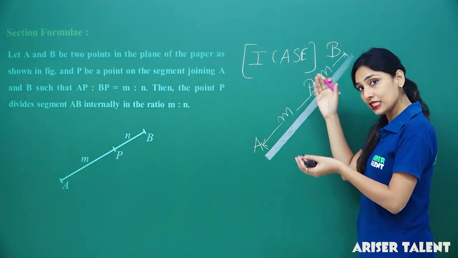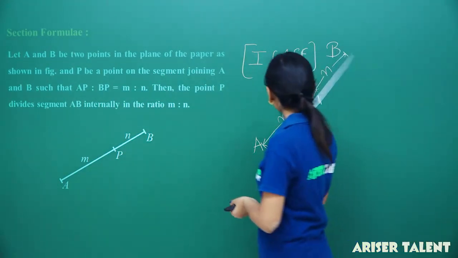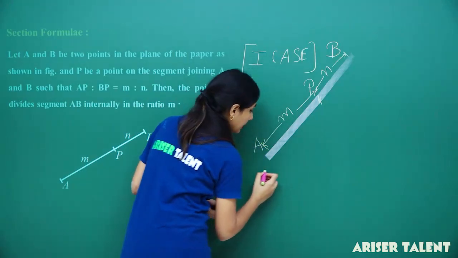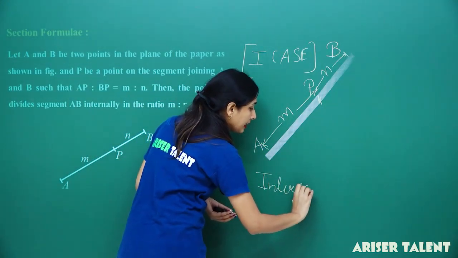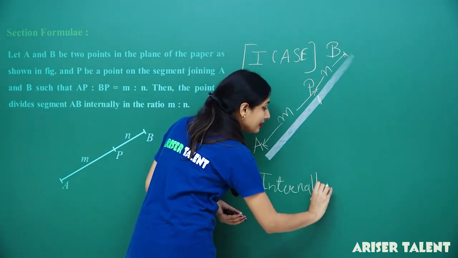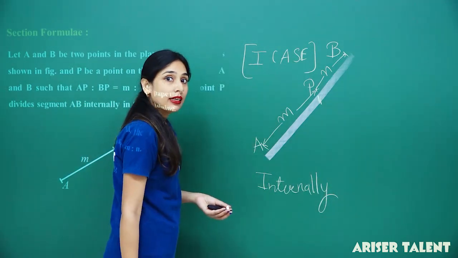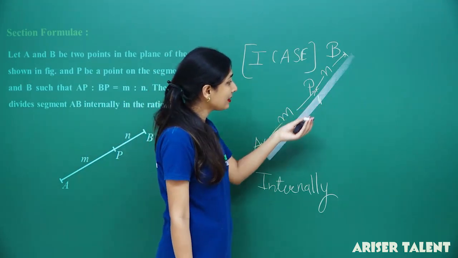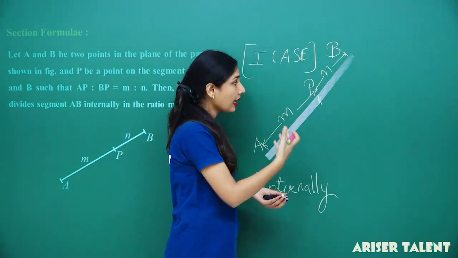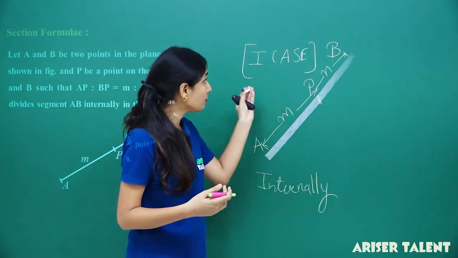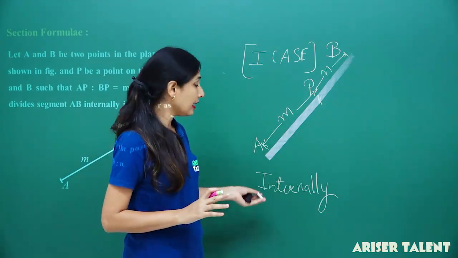Internal method is okay. So, if the point has the section of this line internally, that is case first, internally.